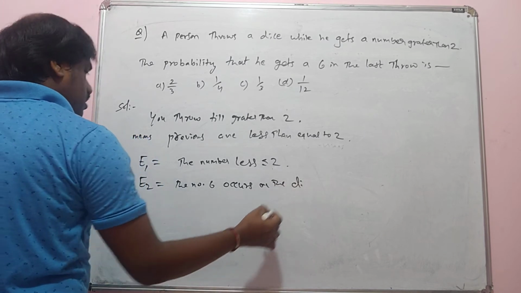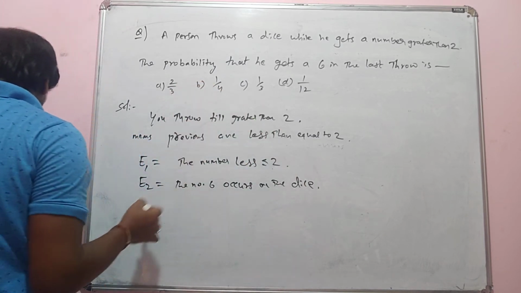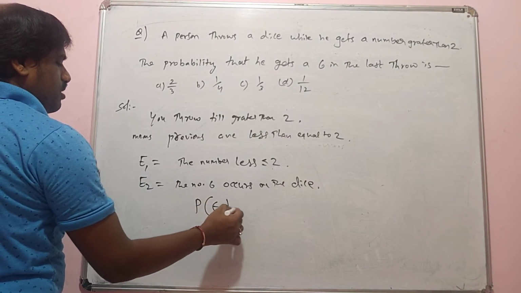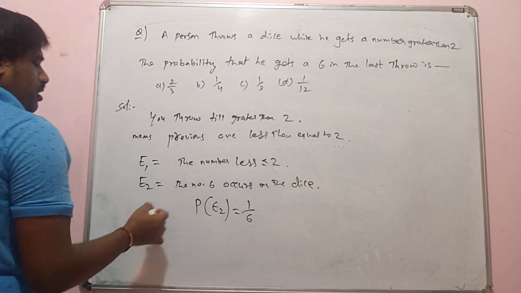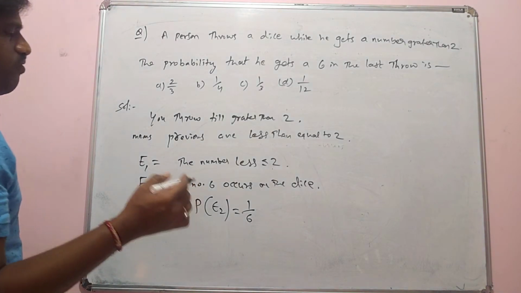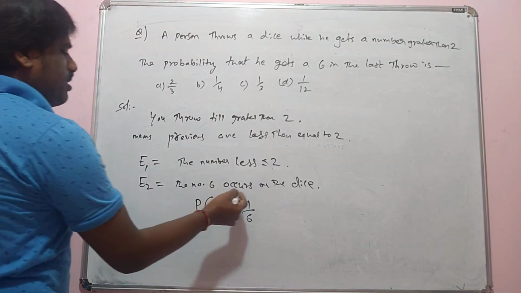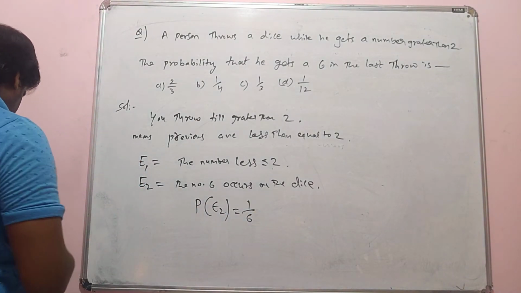Number 6 occurs on the die, probability is 1/6. You know the sample space is 1, 2, 3, 4, 5, 6 when you throw a die, so the probability of occurring a number 6 on the throw is 1/6.